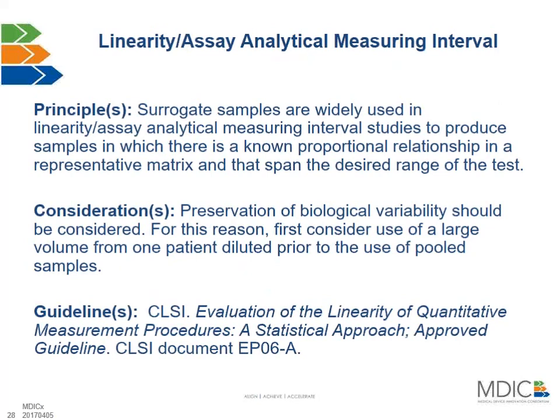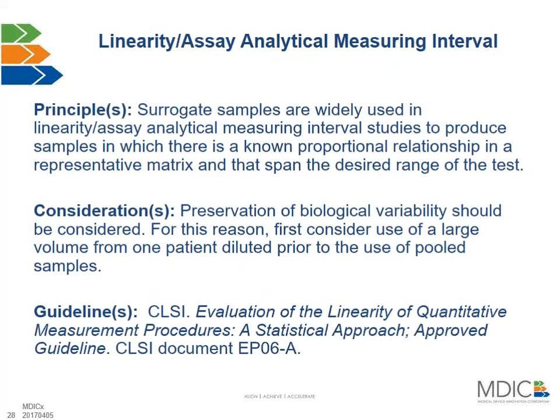By way of illustration, the framework acknowledges that for linearity studies, surrogate samples are widely used. However, it also provides individuals with considerations such as that for these types of studies, the preservation of biological variability is an important factor when conducting linearity studies.